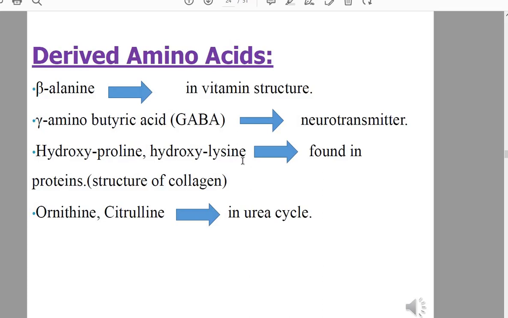They are hydroxylated. A hydroxyl group is added to both proline and lysine, and they enter in the structure of collagen, and we will take it in the fibrous protein lecture. Also ornithine and citrulline, they are derived amino acids that enter in the urea cycle. We will take it in protein metabolism.